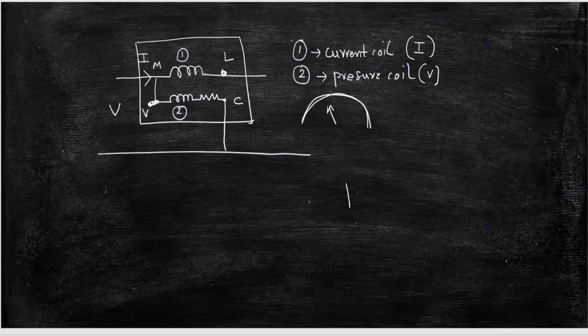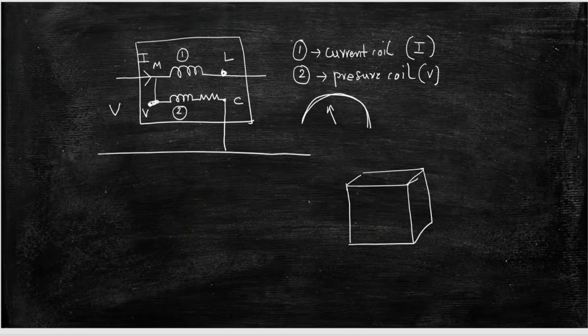See here, if this is your voltmeter, how many terminals will this voltmeter have? Only two terminals. Suppose this is the voltmeter. This is one terminal and this is the second terminal. Two terminals.